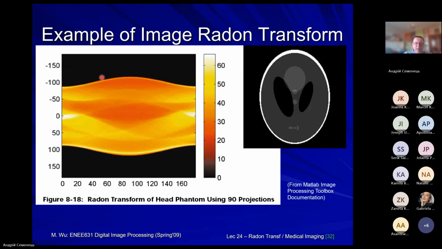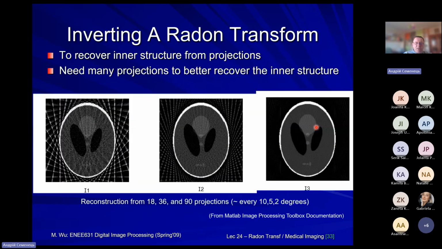When we talk about direct images, it will look something like this here at the left side, 90 projections for this object. And to recover the inner structure, we need the inverted transformation, and the more projections we have, the better our image will be.